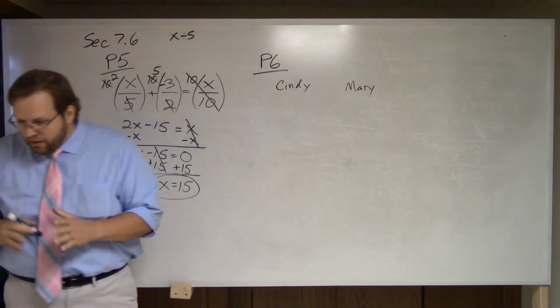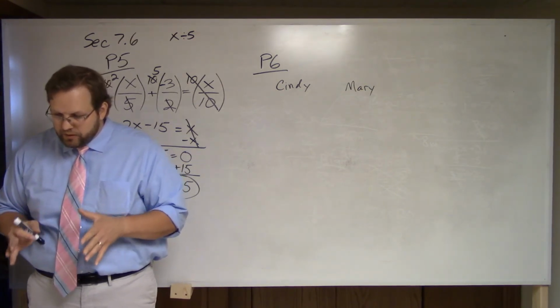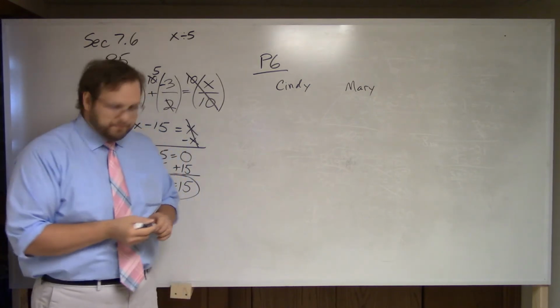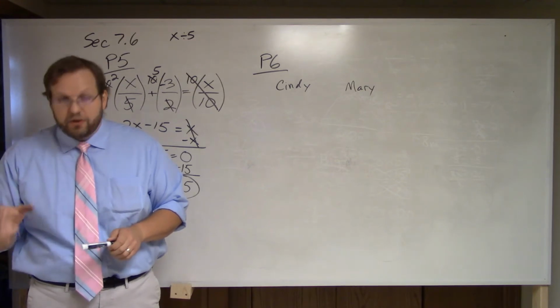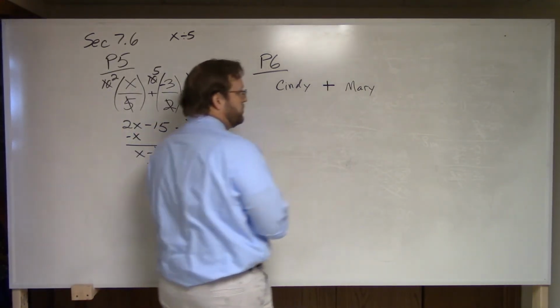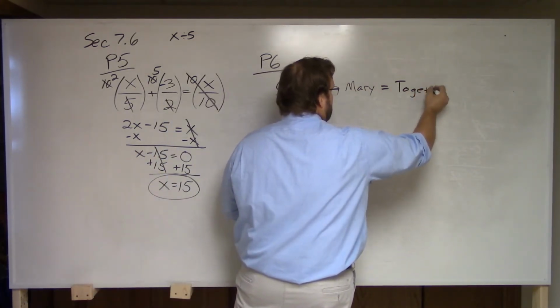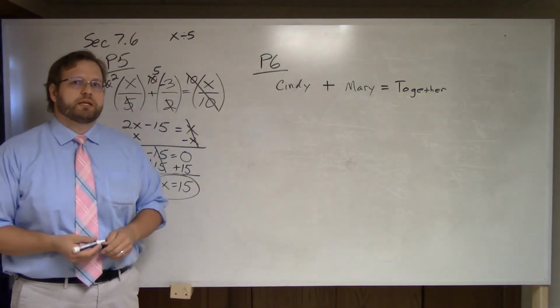Now, it says, Cindy can complete a certain garden planting in 3 hours, while Mary takes 4 hours. Then it asks, if both of them work together, how long will it take? So we want Cindy and Mary to combine forces, and then they're going to get the job done together. This is always going to be the situation that we're presented with.